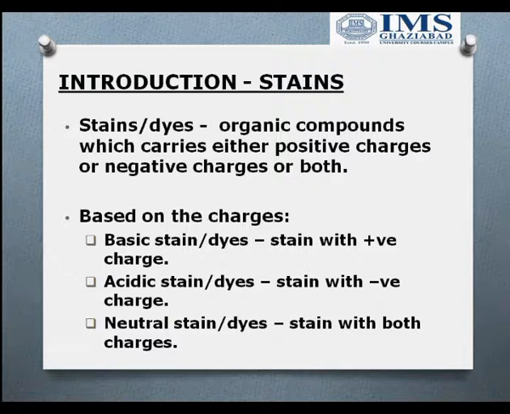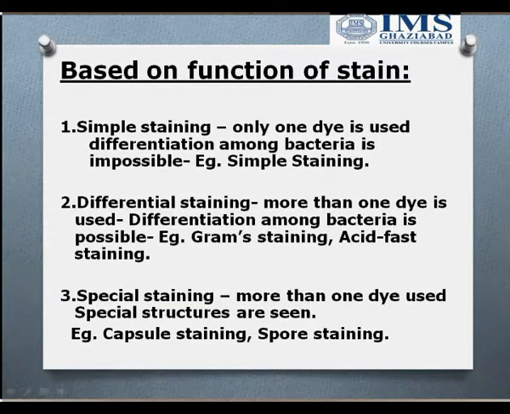Basic stain or dyes are with positive charge, acidic stain dyes with negative charge, and neutral stain dyes, as the name suggests, stains with both charges. Function of stain. What is the function of stain?